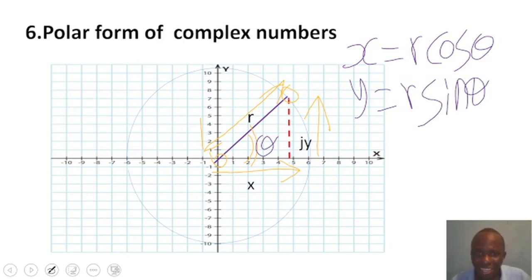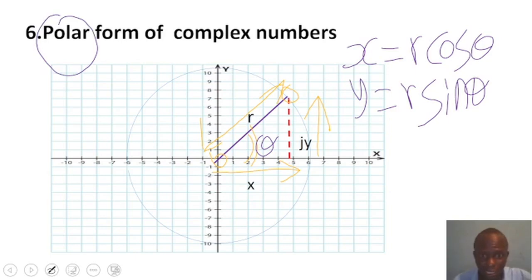Because y is the vertical component of r, x is the horizontal component of r. Now, from your basic trigonometry, I think you can picture that. Now, why are these trigonometric relationships useful? They are useful because we're going to use them in the polar representation of complex numbers.